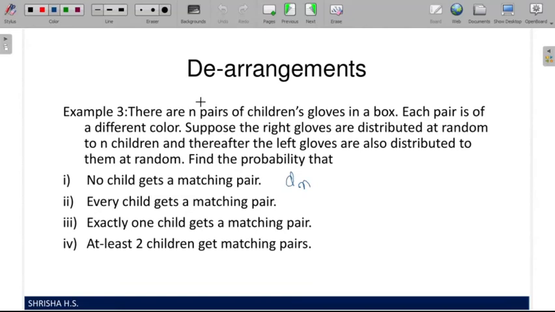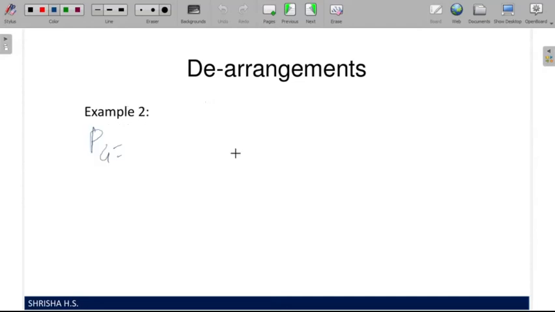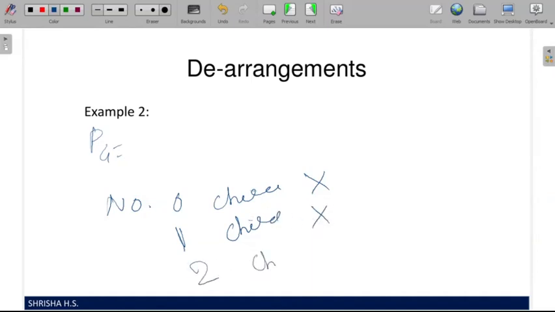Two children may get a matching pair, three children, maybe four children. So at least two children getting a matching pair means the phenomenon where zero children get a matching pair will not happen, and where one child gets a matching pair will not happen. Two children getting a matching pair will happen, three will happen, up to n children will happen.